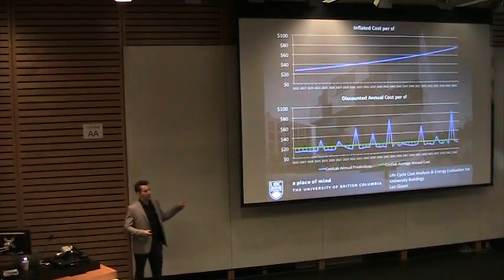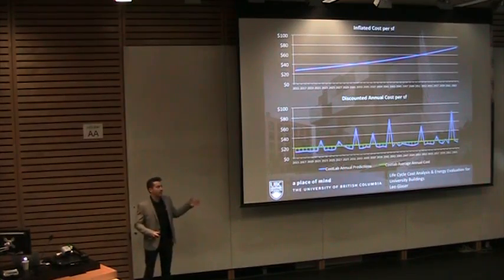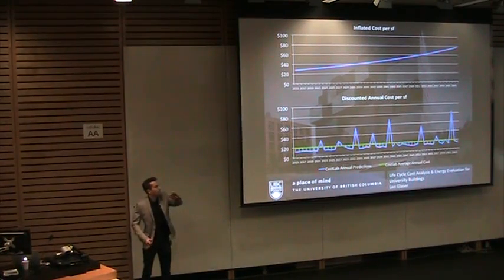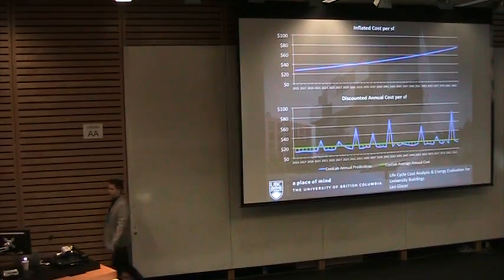So the problem is you have to inflate all these costs separately because energy follows a different inflation. It's actually called an escalation rate, because you probably know fuel costs never go up at 3% or 2% constantly every single year. It's sometimes 6% and it drops down to 2%. So it's a bit more complicated.